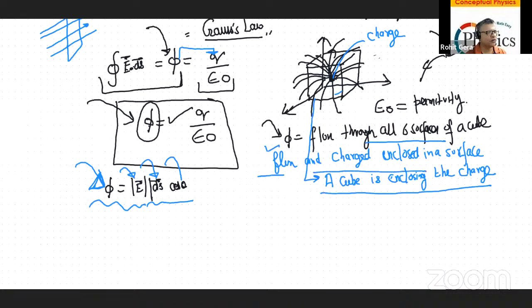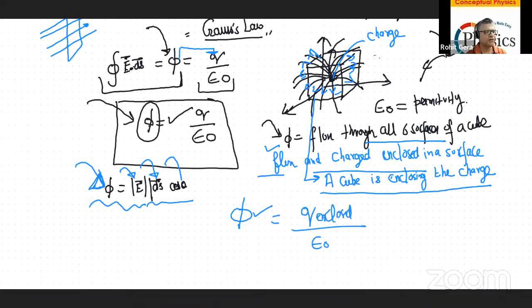Somebody found out this value of this flux, which I'm drawing an arrow on. Someone said, I know the value of this flux, I have a way to find out. Gauss told him, then I can tell you how much charge is enclosed in this surface with this formula.